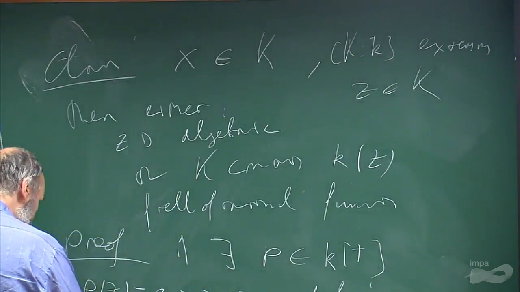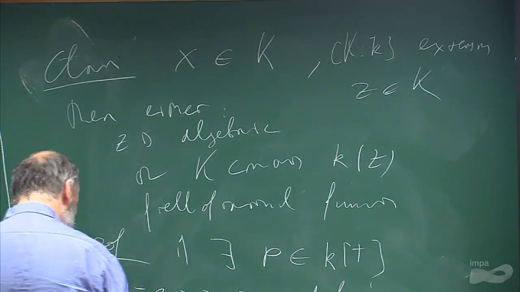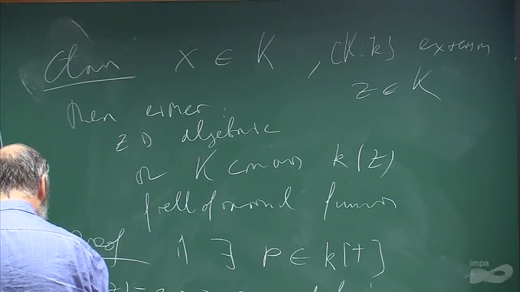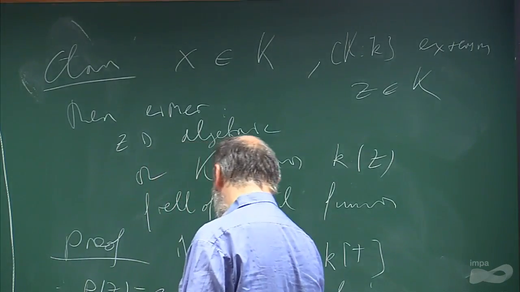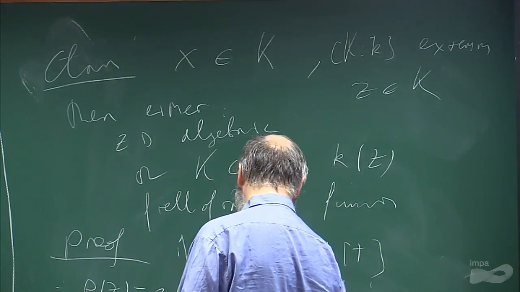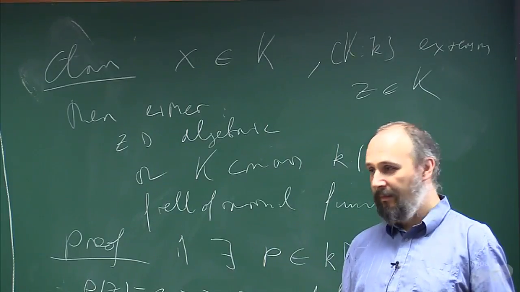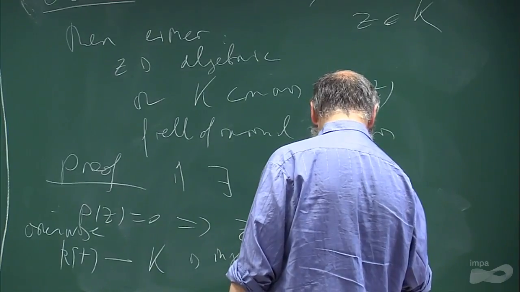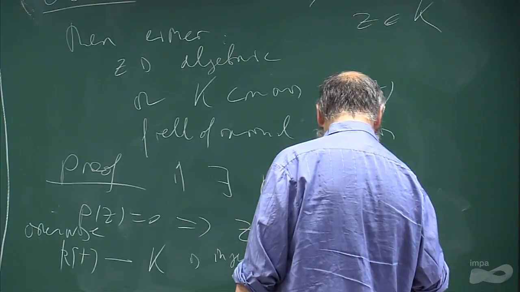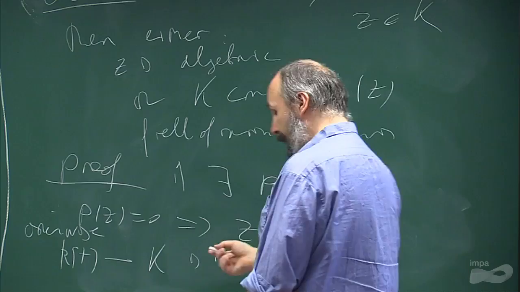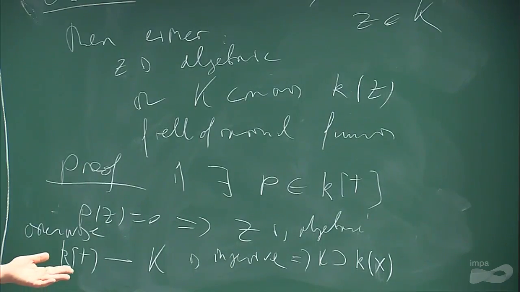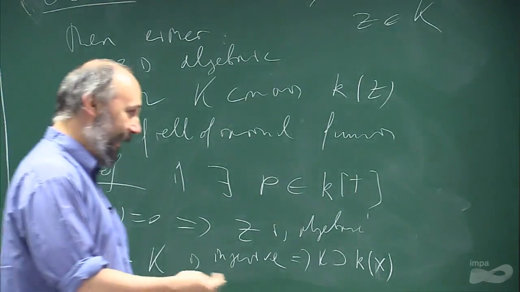Otherwise, the map from k(T) to K big is injective. And then K contains a field of rational functions, because it's the fraction field of this ring. If you have embedded a certain ring into a field, then you embed the fraction field of this ring into the same field.